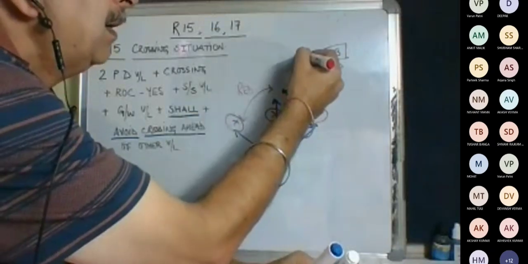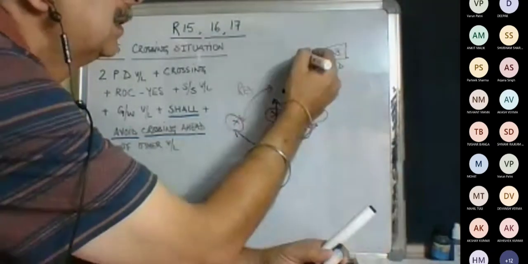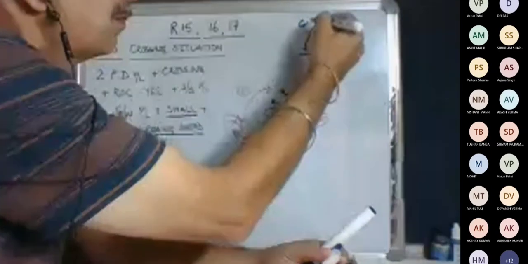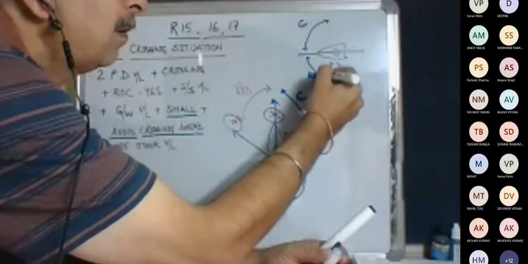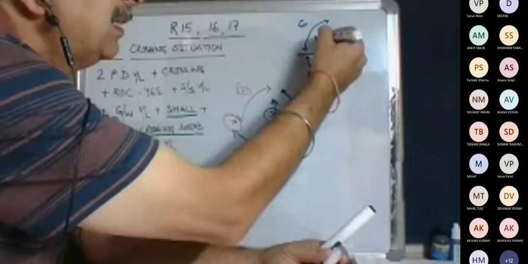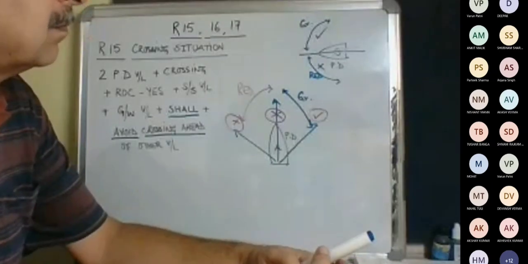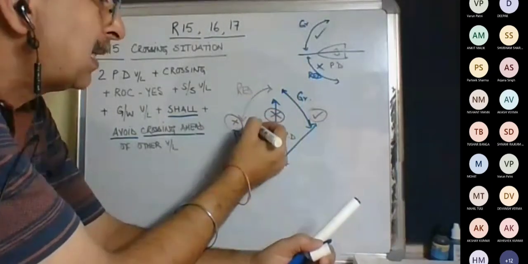Similarly, this side, ये इस जहाज की, ये इसकी ग्रीन है और ये इसकी रेड है, तो ये इस साइड नहीं जाएगा, ये इस साइड जाएगा. Similarly, ये इस साइड जाएगा, इस साइड नहीं जाएगा.